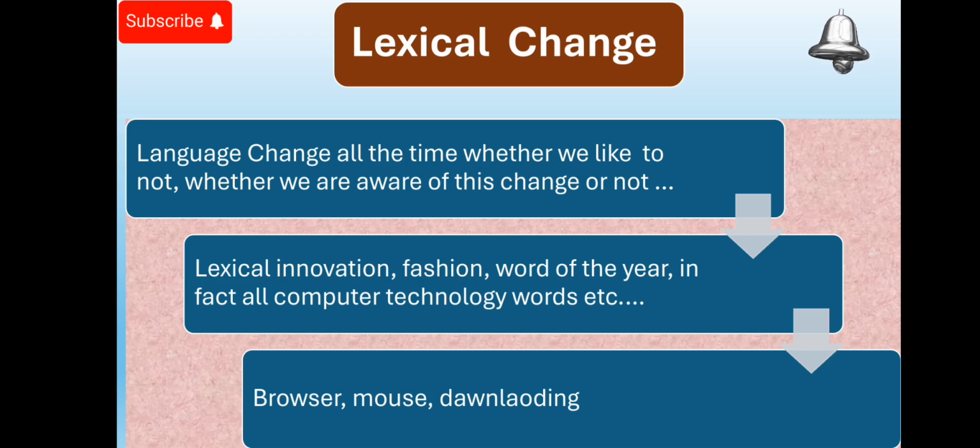For example, focus on these three words: browser, mouse, and downloading. The words downloading and browser, when you browse something on the internet, online, or when you download something from YouTube, from Instagram, from Facebook, or from any other platform. The words downloading and browser did not exist 35 years ago.